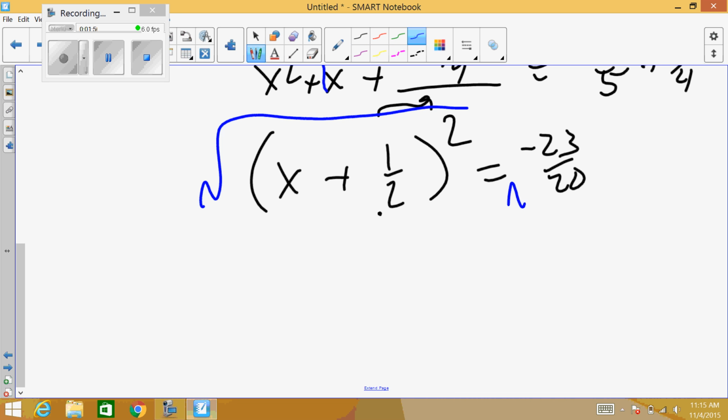So I take the square root of both sides, plus or minus. Now this is going to take a little bit more simplifying than we have had in the past. So I'm going to make sure that I give myself plenty of room and split this up and work through this.